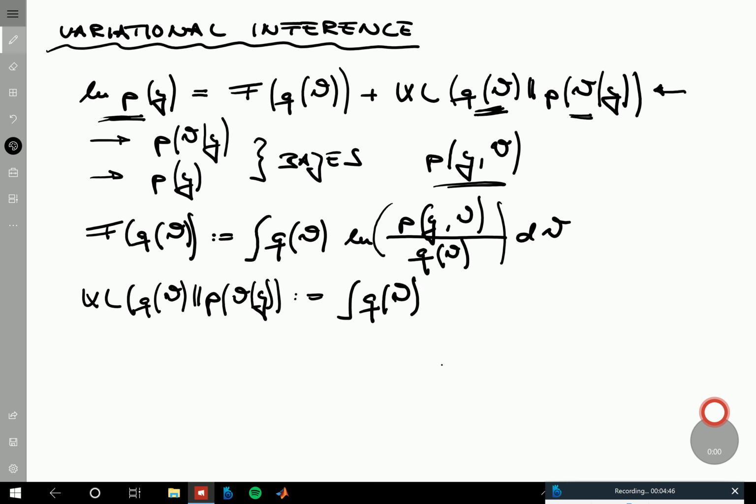And the focus will be very much on the free energy in the following.